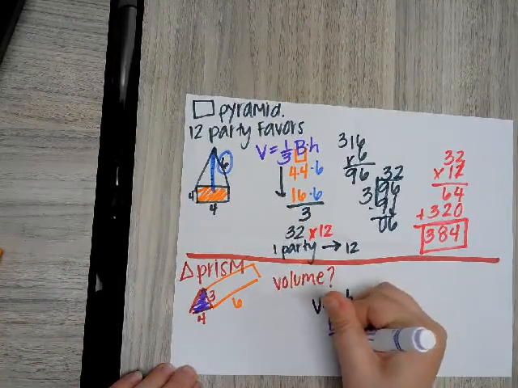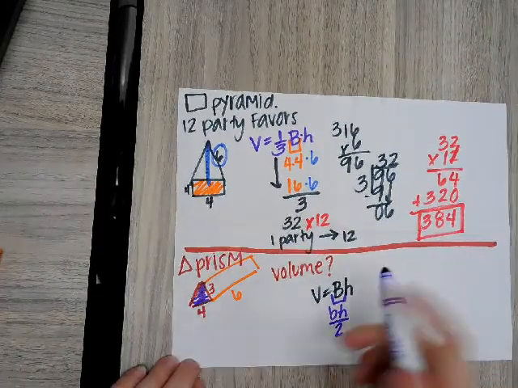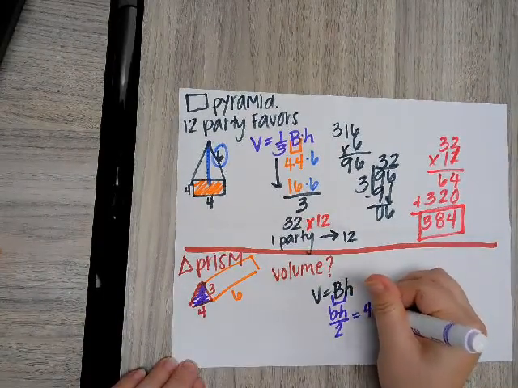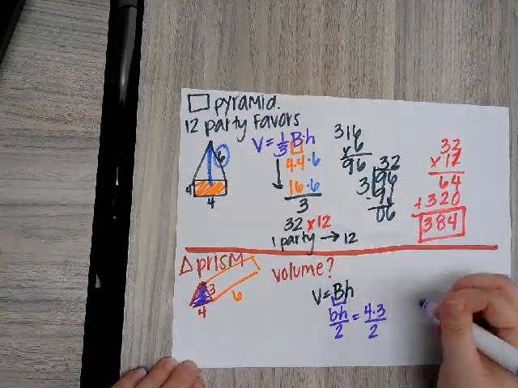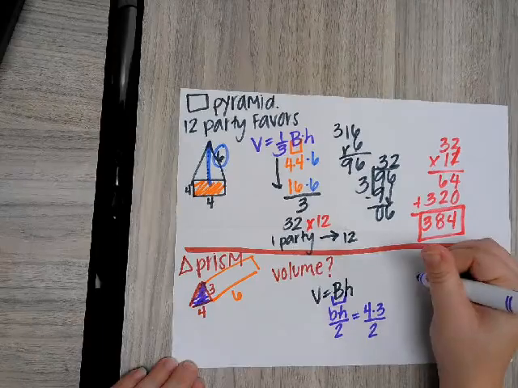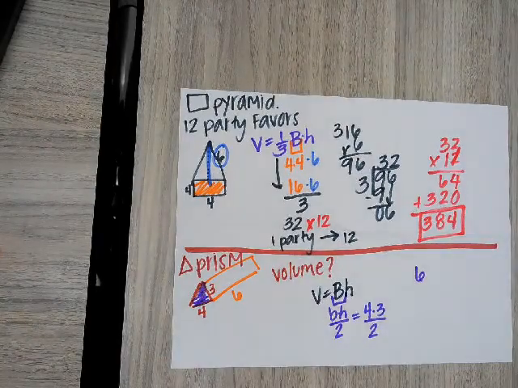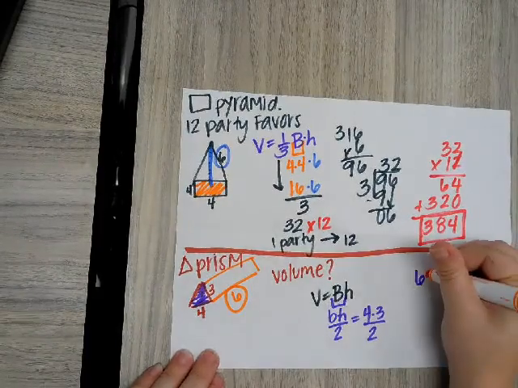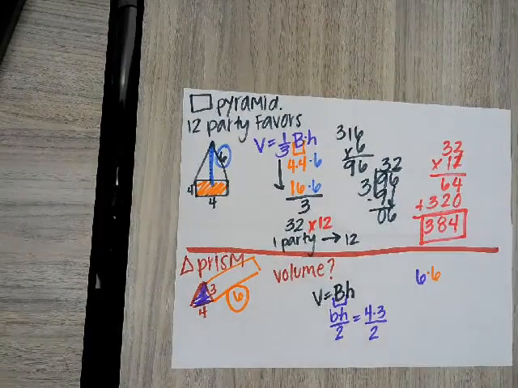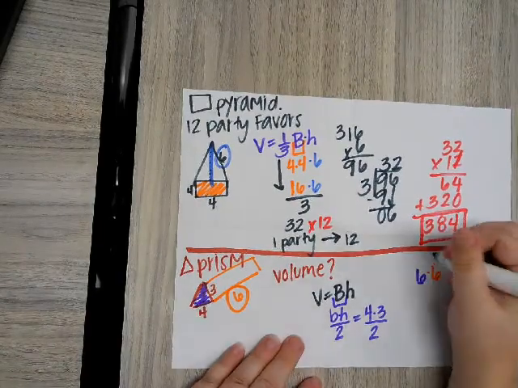So let's look. 4 times 3 is 12. 12 divided by 2 is 6. So we know that 6 is my big B. All right. Now my height is 6. So 6 times 6 is 36.